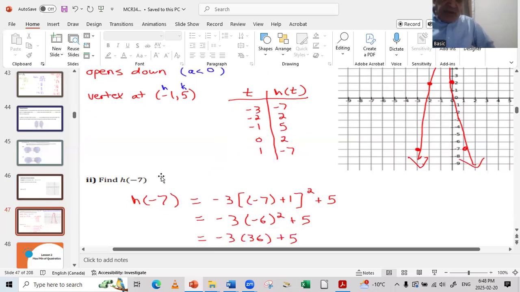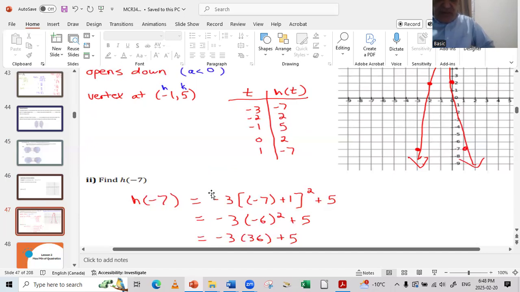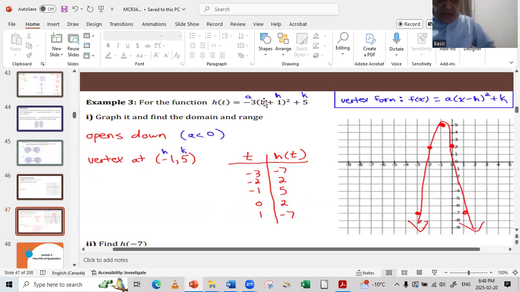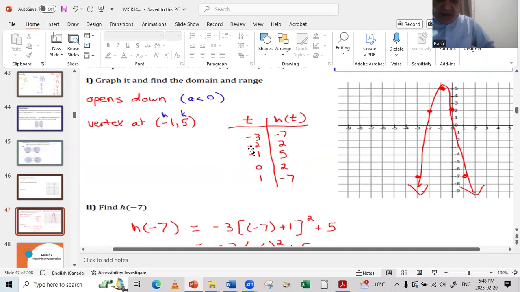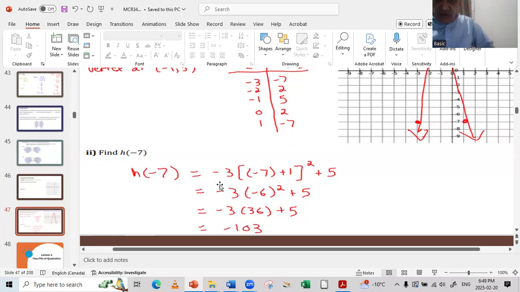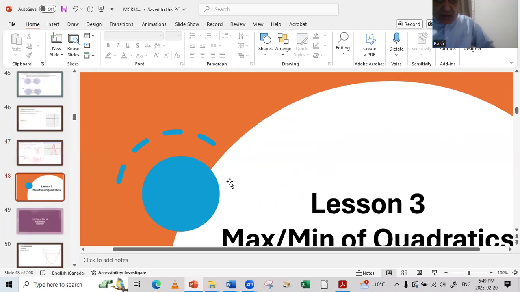If I want to find h of minus 7, I substitute in the formula: minus 3 (t plus 1) whole squared plus 5, so minus 3 (minus 7 plus 1) whole squared plus 5. That gives minus 103.